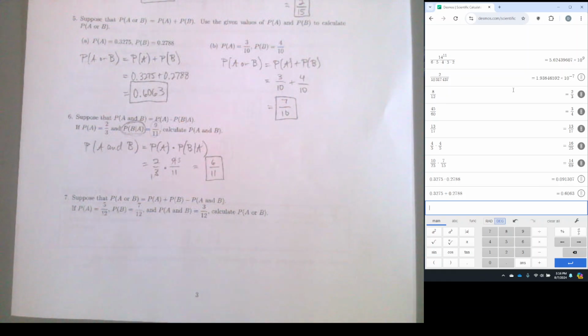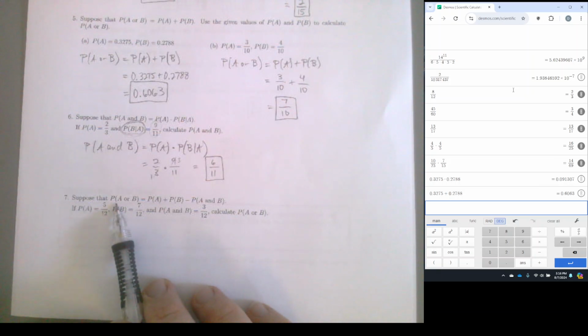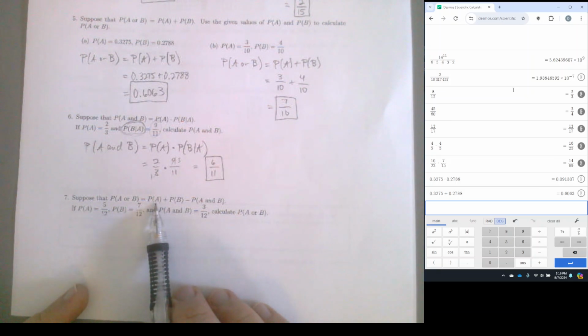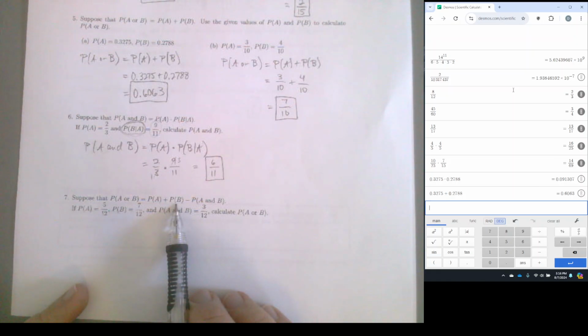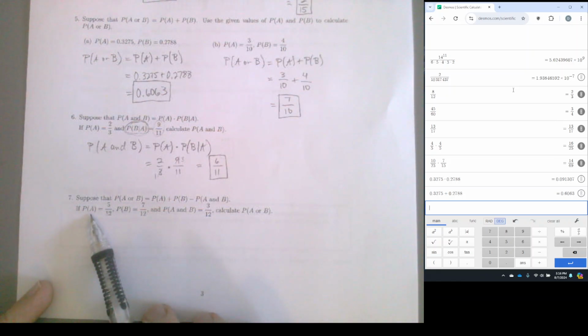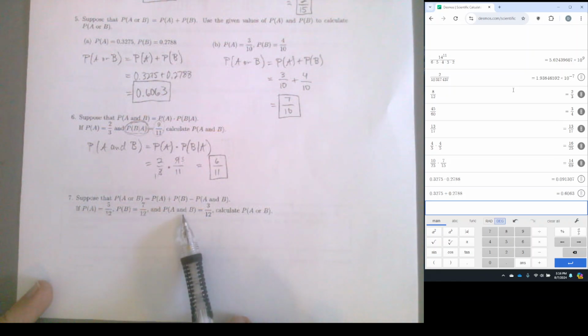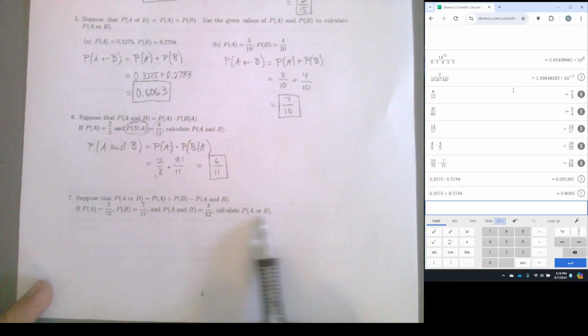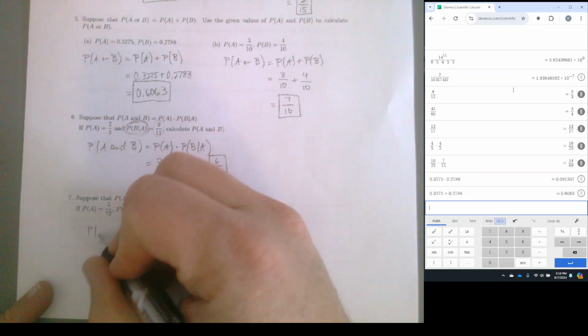Okay. And one more. Suppose that probability of A or B is probability of A plus probability of B minus probability of A and B. And then we're given probability of A, probability of B, probability of A and B, and we're asked to calculate probability of A or B. So here we go.